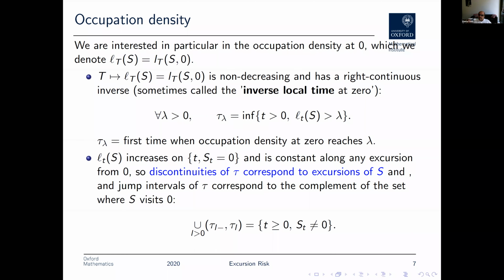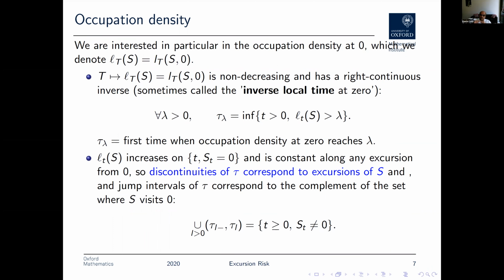So if the function is piecewise constant, then its inverse is going to have jumps. The horizontal pieces of L become vertical jumps of tau. So the discontinuities of tau correspond to the constant plateaus of L, which are the excursions of S away from zero.